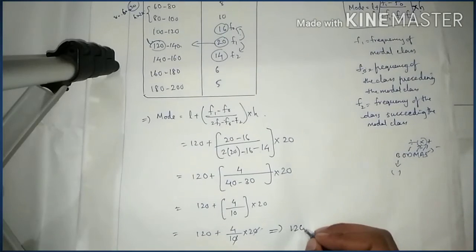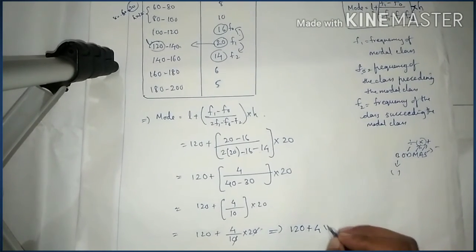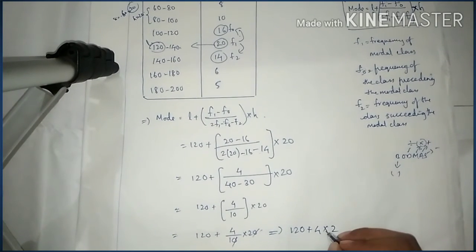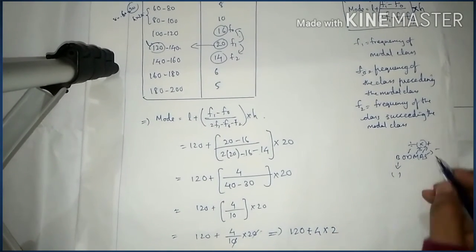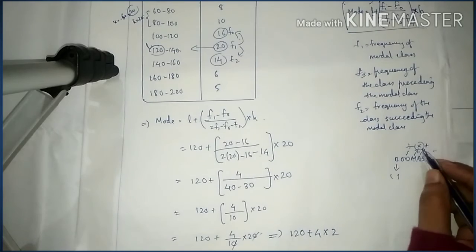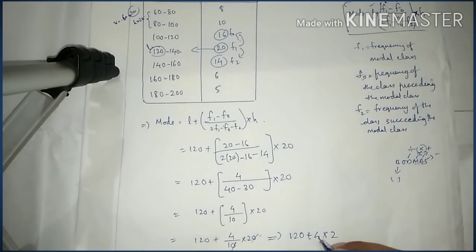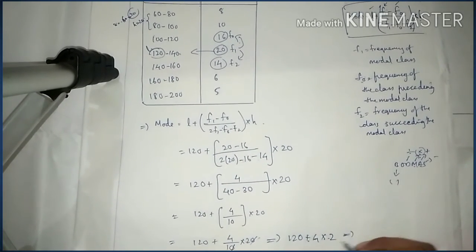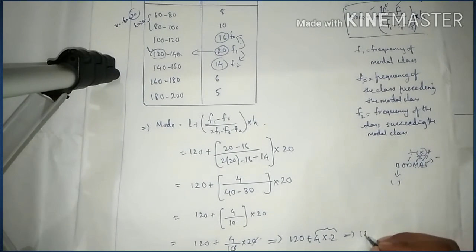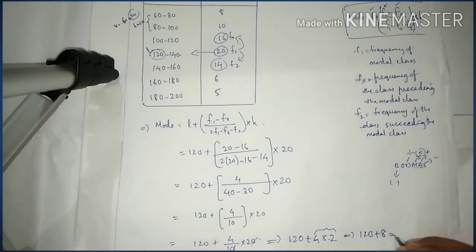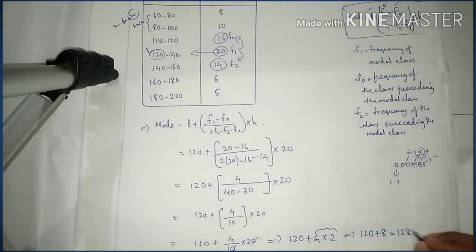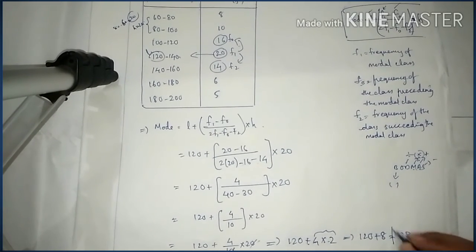Here we can cancel the zeros, and then you will get 120 plus 4 into 2. Multiplication and addition are both there, but first comes multiplication according to the BODMAS rule. 4 twos are 8, then add: 128. So this is our mode.